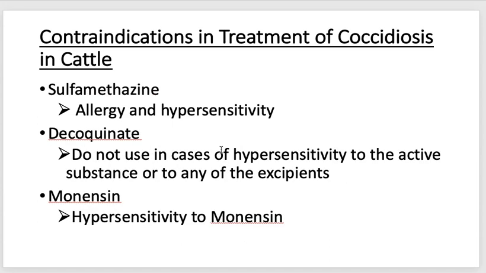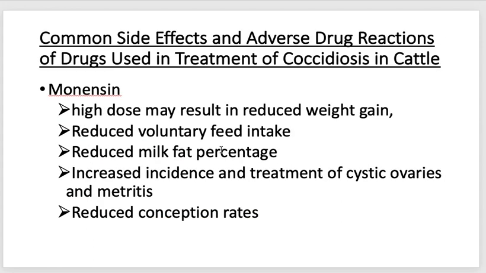Okay, contraindication of these drugs: sulfamethazine can cause allergy and hypersensitivity, and also dicoquinate can cause hypersensitivity, and monensin also can cause allergic reaction. And common side effects of monensin: it can result in reduced weight, it can reduce voluntary feed intake, it can reduce milk fat percentage. So in the milk of an animal, there is a percentage of fat.